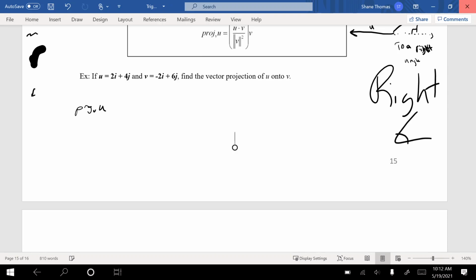Okay, projection of V onto U. Projection of, well, actually it's U onto V. This is U, that's V. Don't correct me.